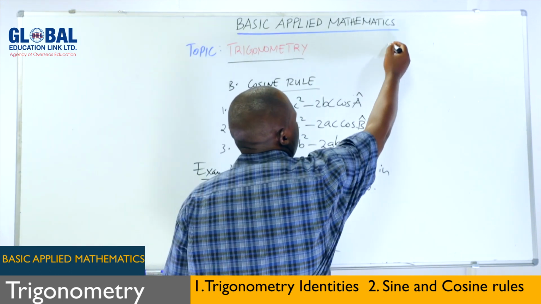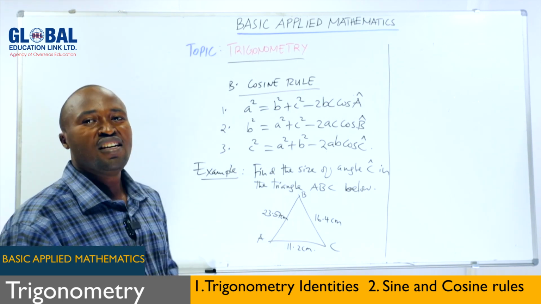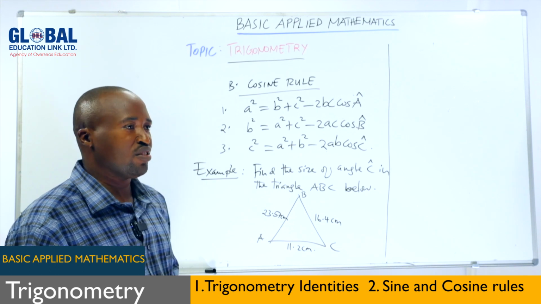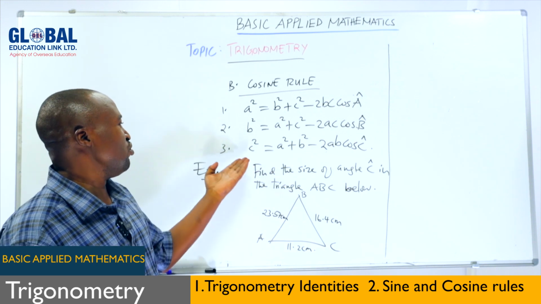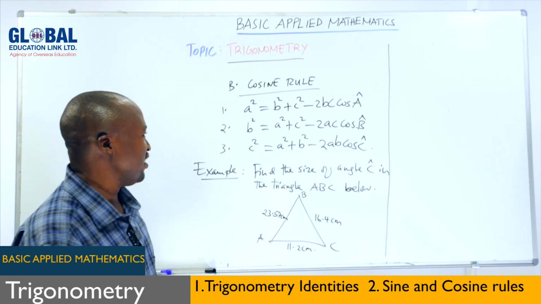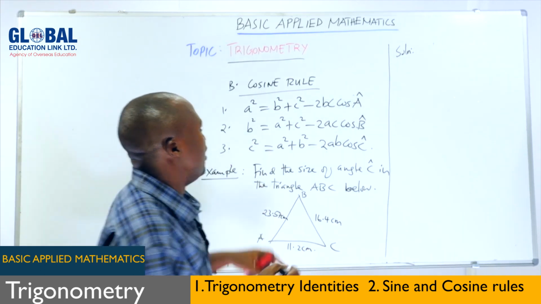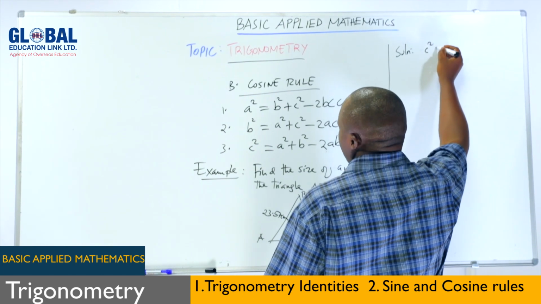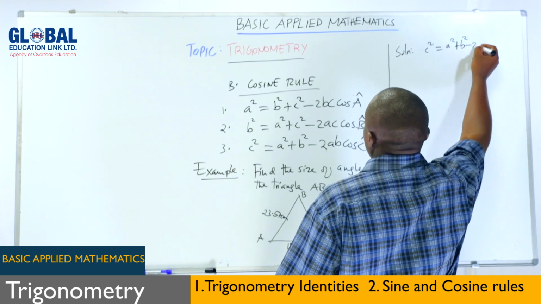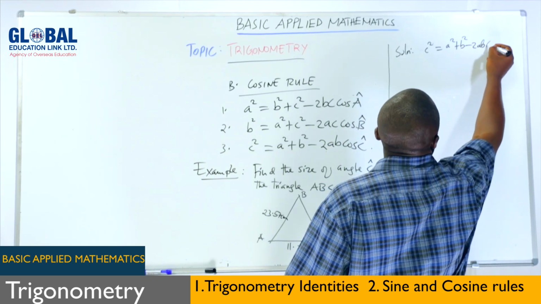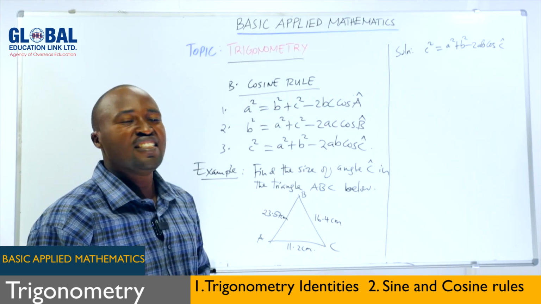Now, let us see how we can apply one of the cosine rules to find angle C. Since angle C is missing, we are going to use formula number 3. Therefore, solution: C squared is equal to A squared plus B squared minus 2AB cos C, since angle C is needed.